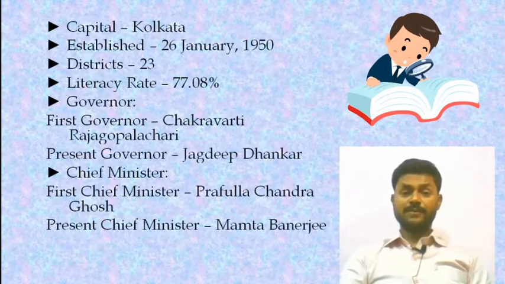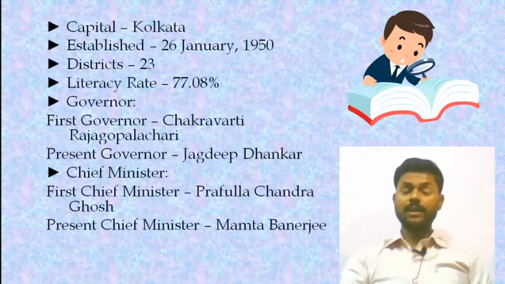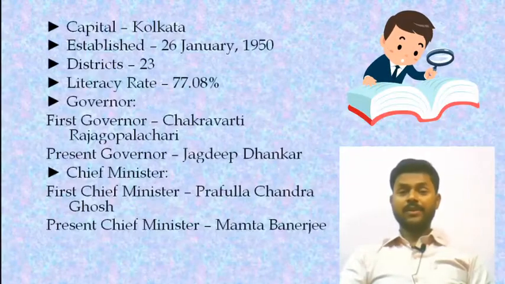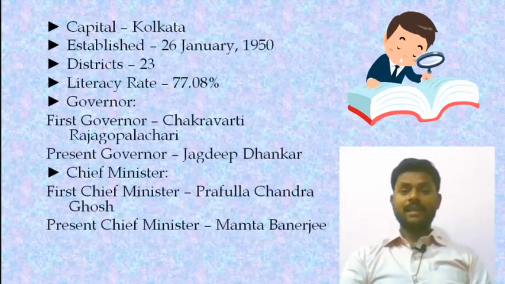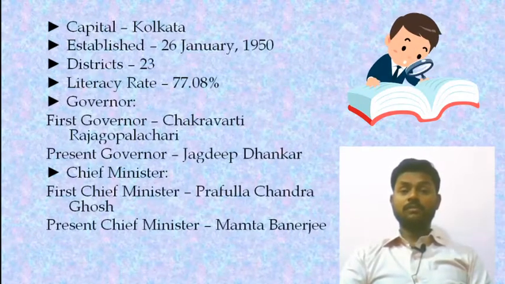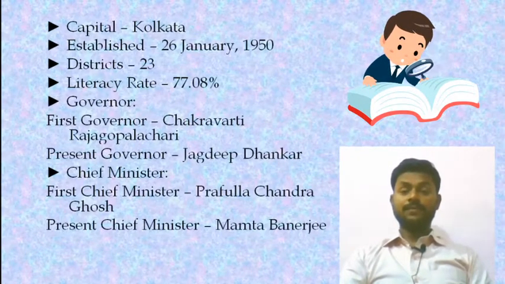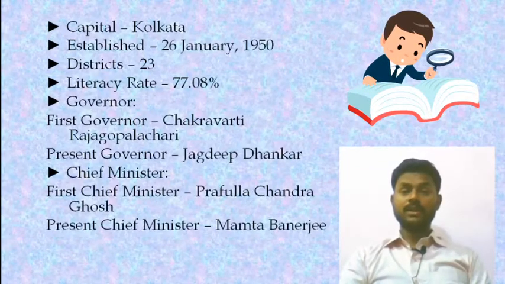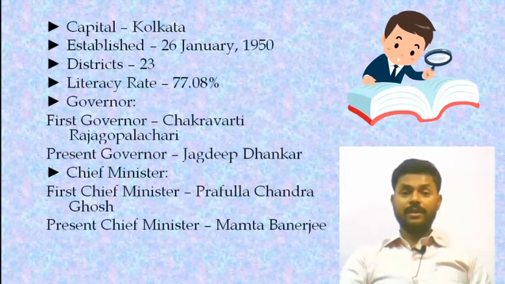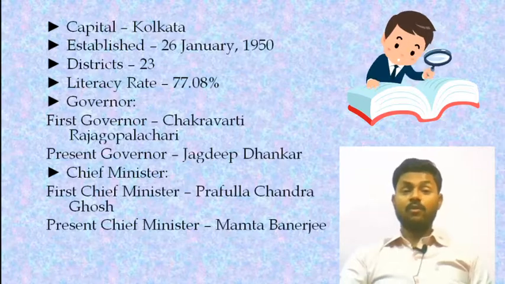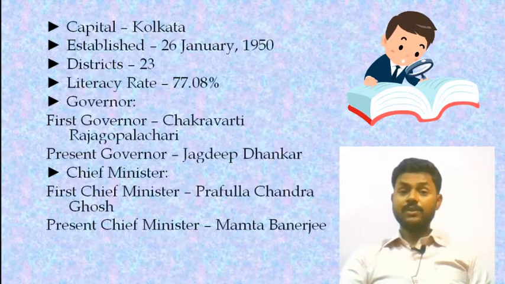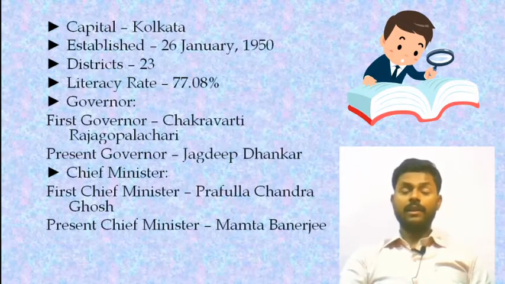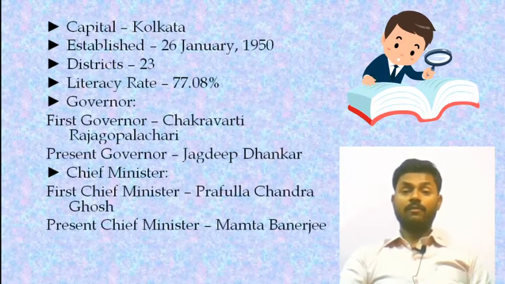So remember some special things related to West Bengal. First, where is the capital of West Bengal? Your answer will be Kolkata. Second, who was the first governor of West Bengal? Chakravarti Rajgopalachari. And who is the present governor? Jagdeep Dhankar.